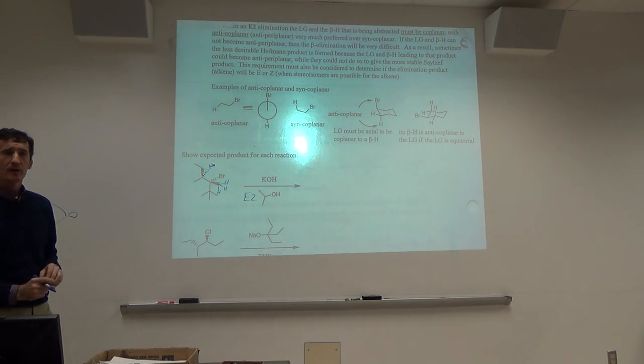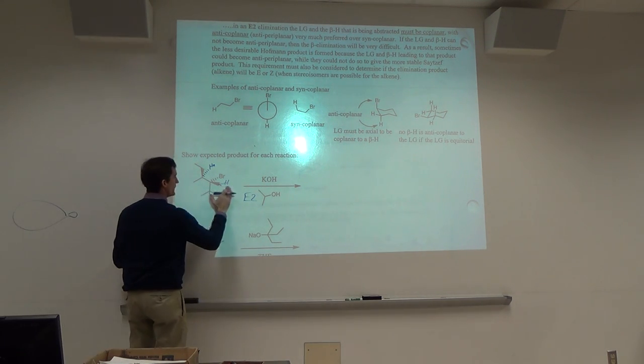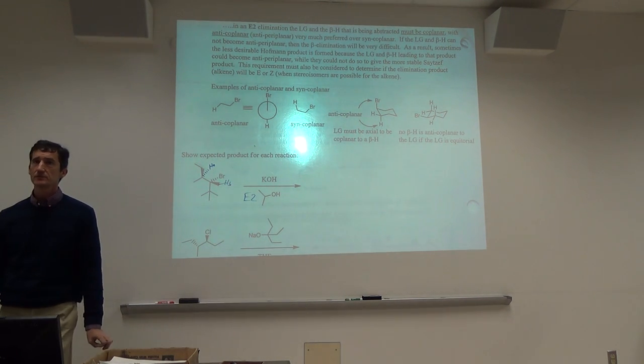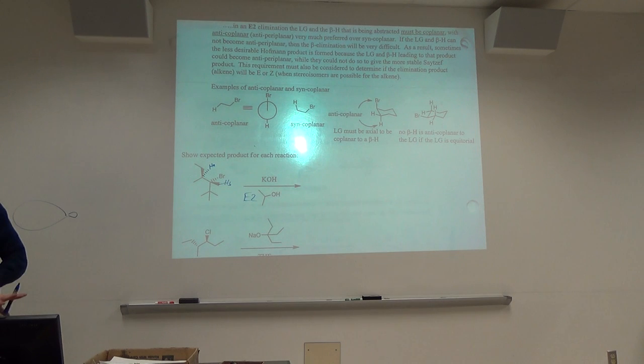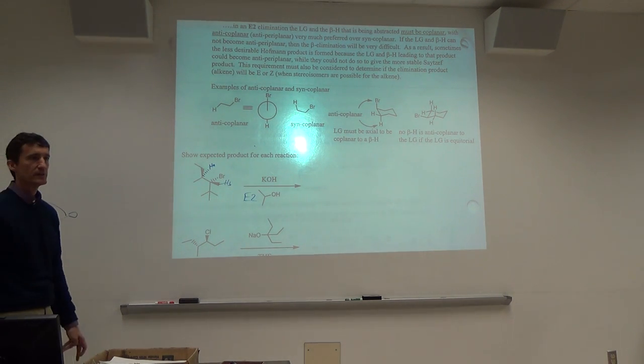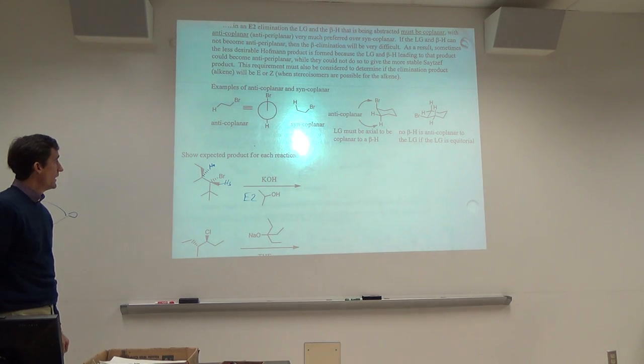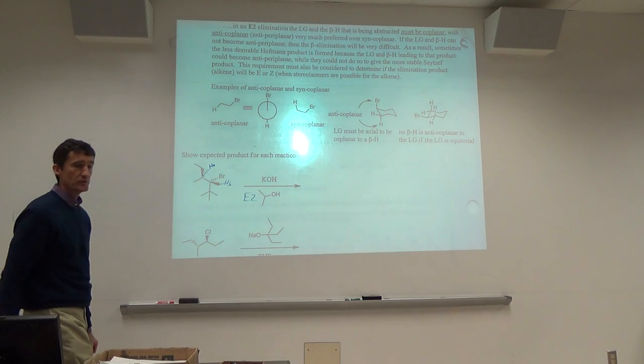Show all possible products coming from eliminating. I'm just going to draw one of these as HB. Show all possible alkenes. Just plain possible. No considerations of anything. From beta elimination. How many possibilities to consider?